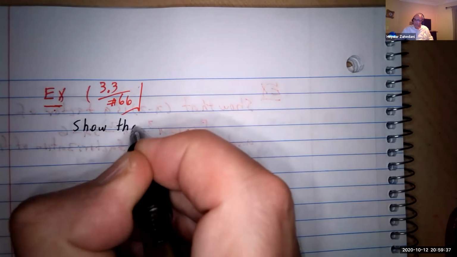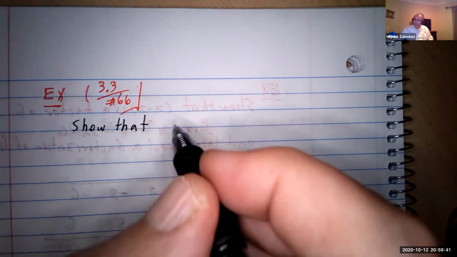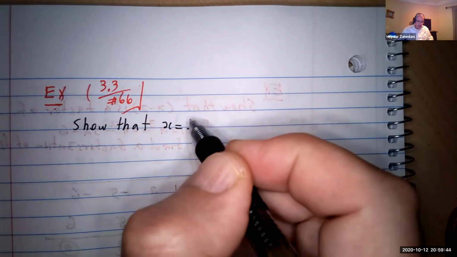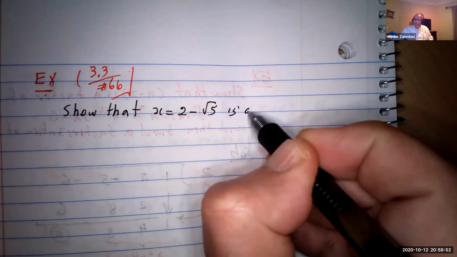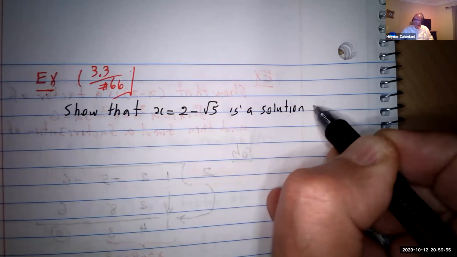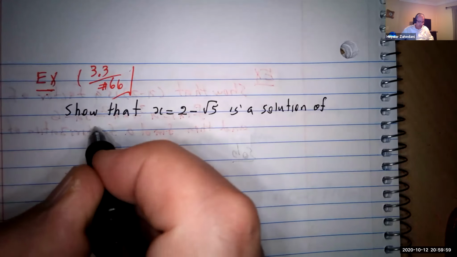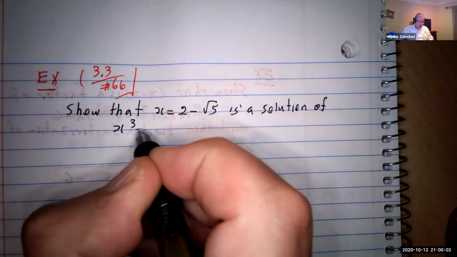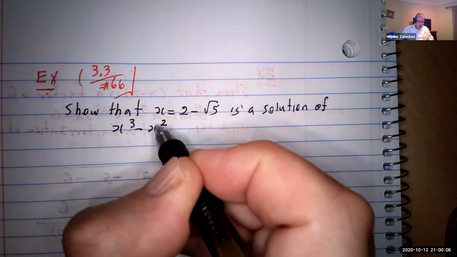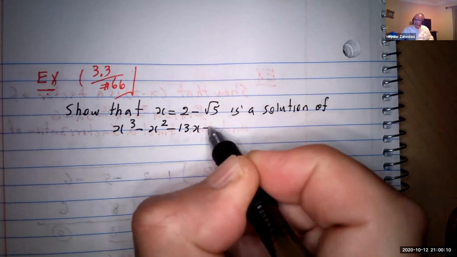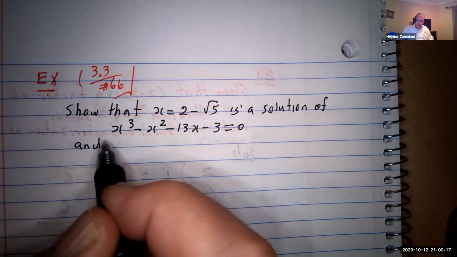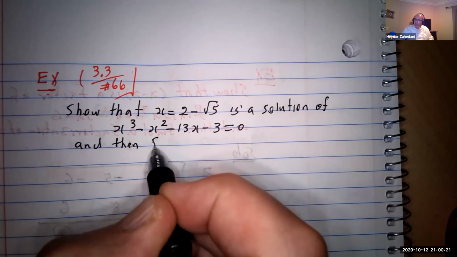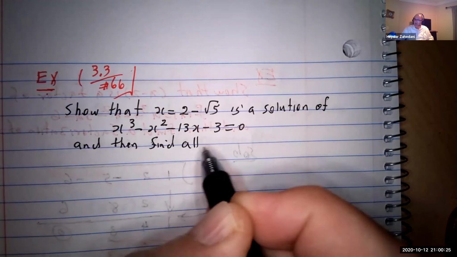They want you to show that, especially this number, x equal to 2 minus radical 5, is a solution of the equation x cubed minus x squared minus 13x minus 3 equal to 0, and then find all real solutions.